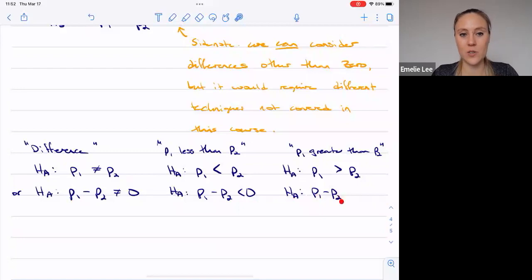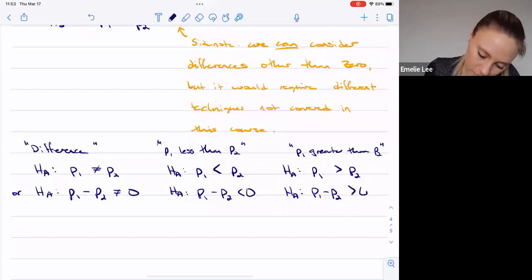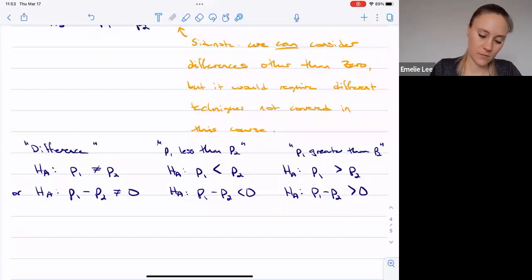If P1 is greater than P2, say 4 minus 2, just any numbers that work, gives me 2, which is a positive number. So that's going to be greater than 0. Okay.